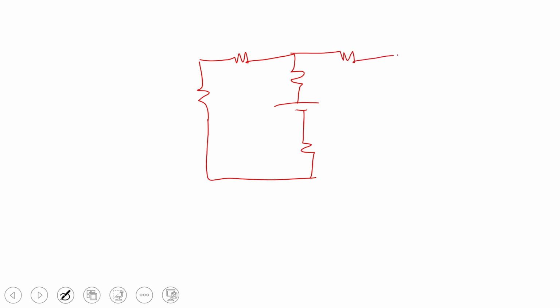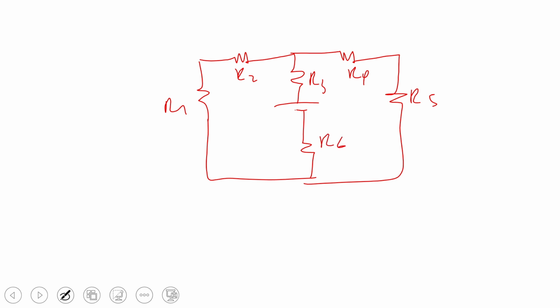Let's look at another example. Let's say I have a circuit like this, and I want to identify which of the resistors are in series. Let's say this is R1, R2, R3, R4, R5, and R6.